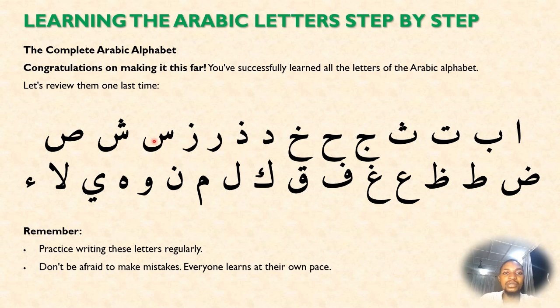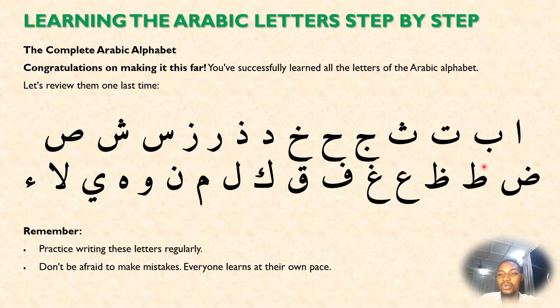Sin looks like a W with this semicircle facing up. Same thing as shin, but sin has no dots, while shin has three dots above it. We have sad, we have dad. Sad has no dots and dad has one dot above the letter.